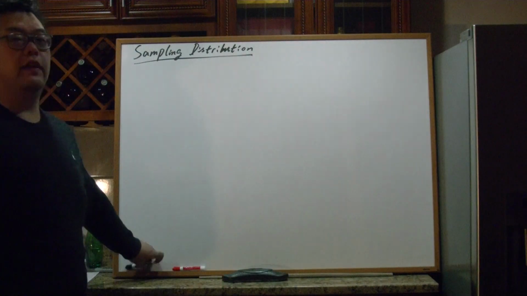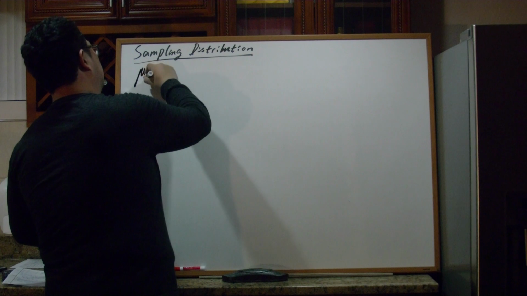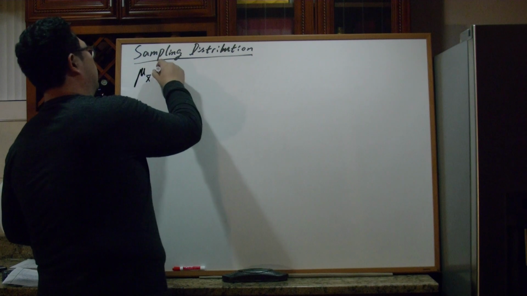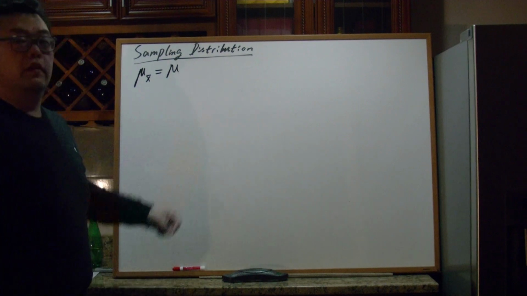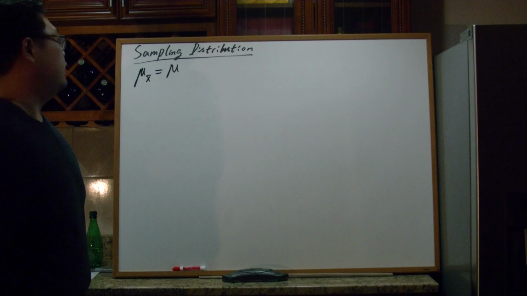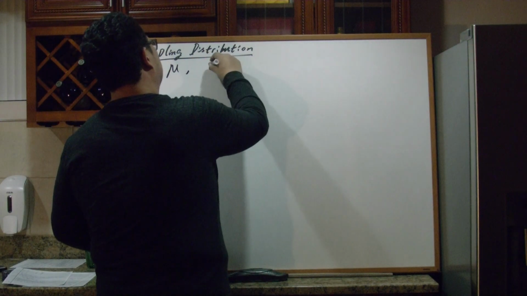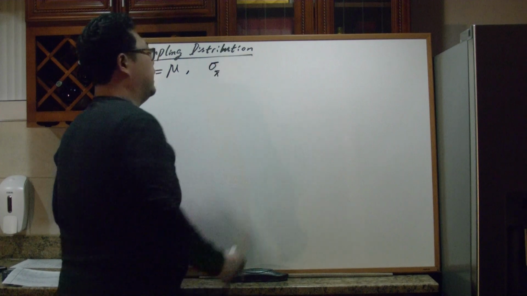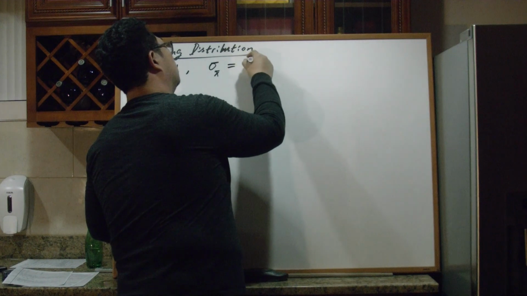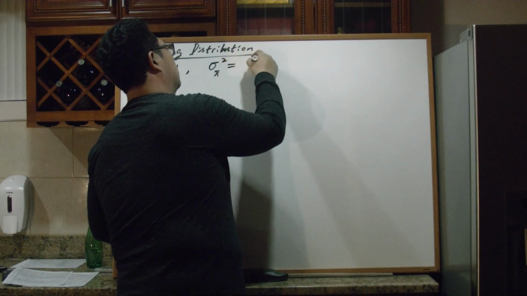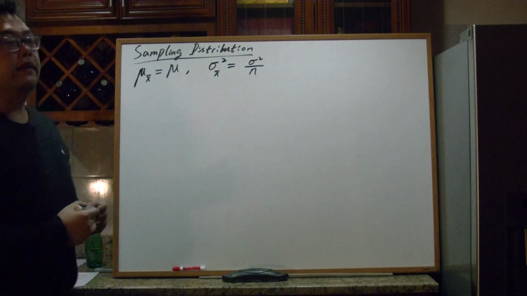You could try that. You can also find the relationship that the mean of the probability distribution of the sample mean is actually the same as the mean of the original population, and the variance of the sample mean from the sampling distribution equals the variance of the population divided by n.